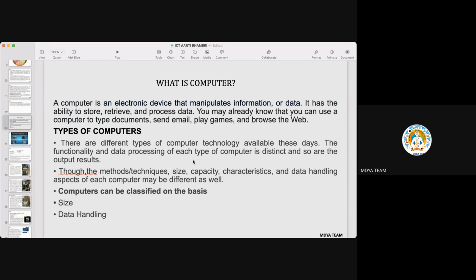It is a fast device because no human can be as fast as a machine. That's why we need a machine, but we can make the machine as per our requirement. That set of instructions we call a program or software. So the computer is an electronic device that manipulates information or data which is given to it.